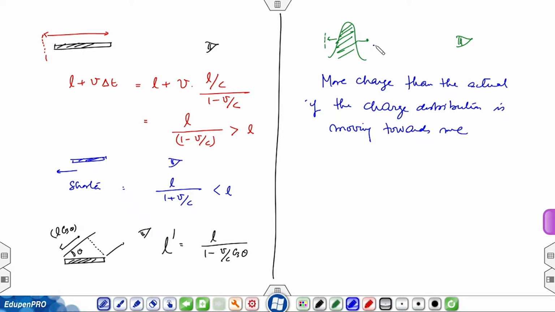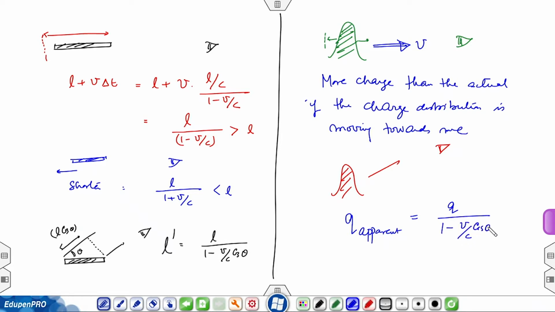So, it is moving like this with velocity v. If it is at an angle, then also it will look more, but it will be more like a 1 over (1 minus v over c cos theta) factor. So, q apparent will be equal to q over (1 minus v over c cosine theta).